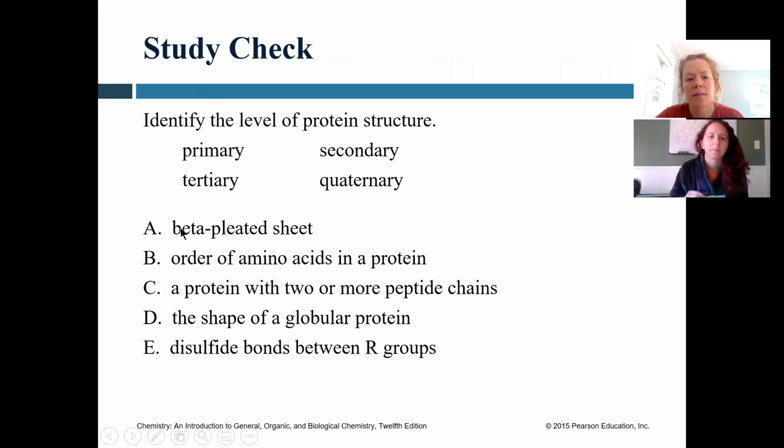So let's look at this. Go A through E. I want you to tell me if you would put each under the category of a primary, a secondary, a tertiary, or a quaternary structure.